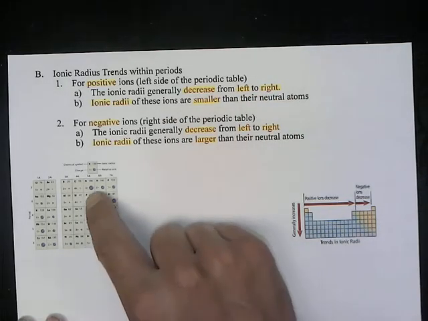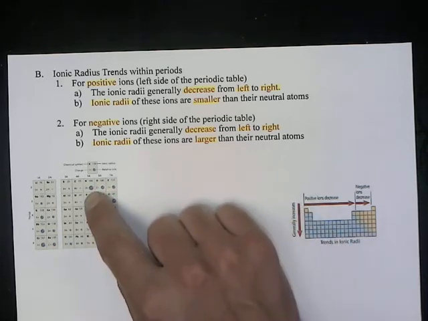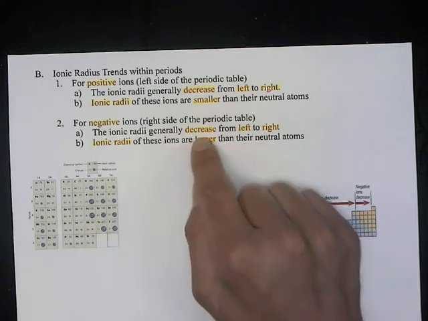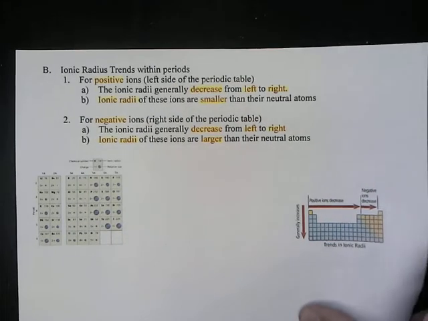Now for negative ions, again a period 2 example, going from nitrogen to fluorine, these also get smaller from left to right. Okay, so key thing: with an ion, you're exchanging electrons, either giving them away or gaining them. That affects your charge, and that's going to affect this trend here.